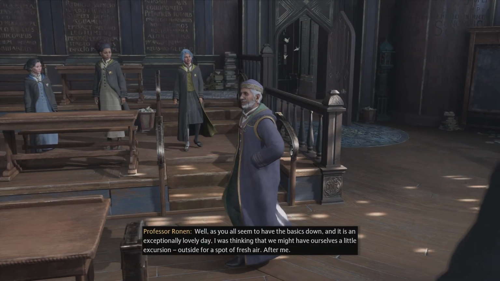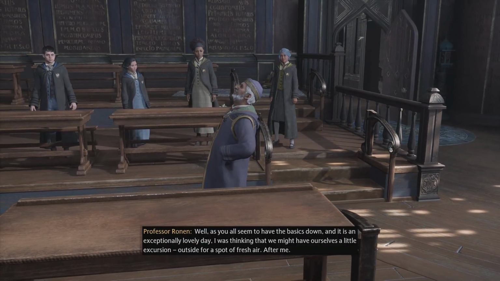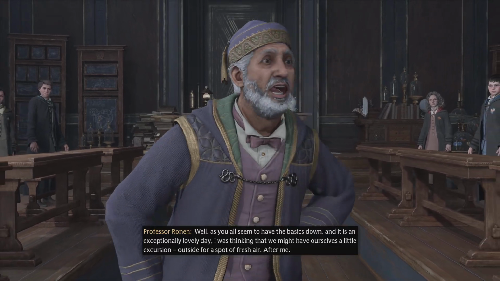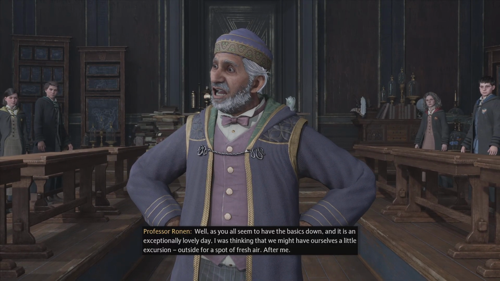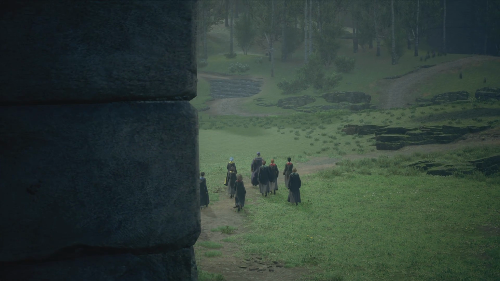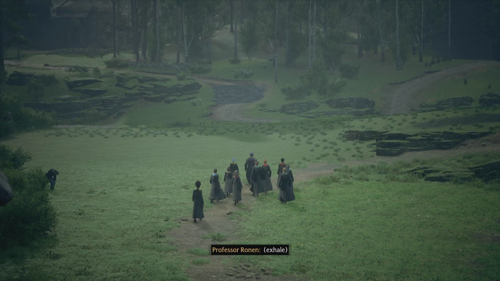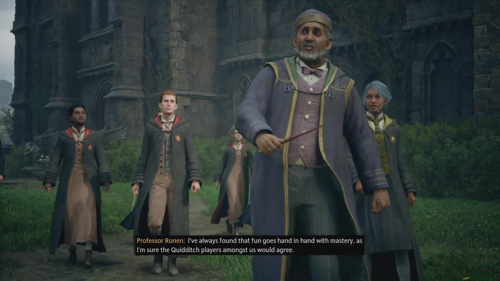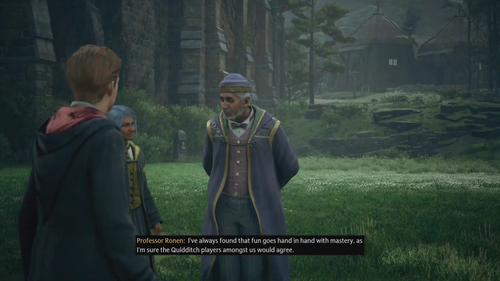Well, as you all seem to have the basics down, and it is an exceptionally lovely day, I was thinking that we might have ourselves a little excursion outside for a spot of fresh air. After me. I've always found that fun goes hand in hand with mastery, as I'm sure the Quidditch players amongst us would agree.